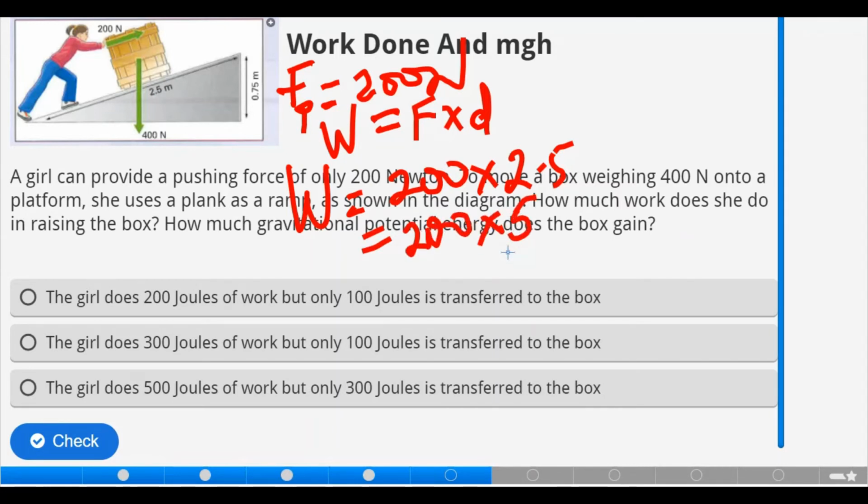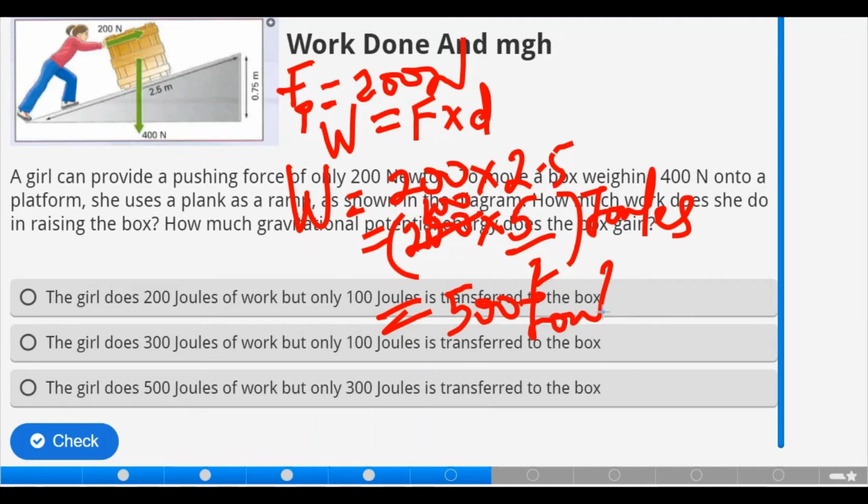That will be 5 over 2, all in joules. And that gives me 100 times 5, that's 500 joules. That is the work done by the girl.